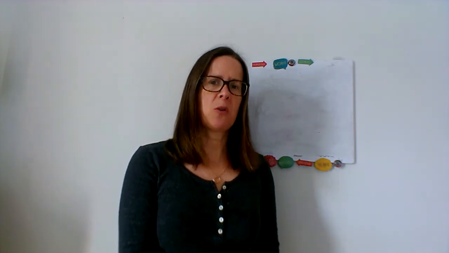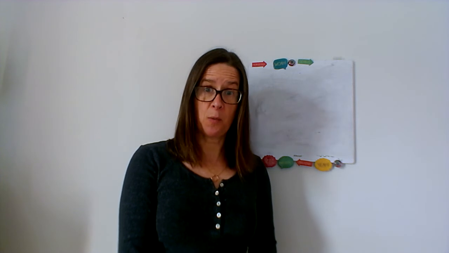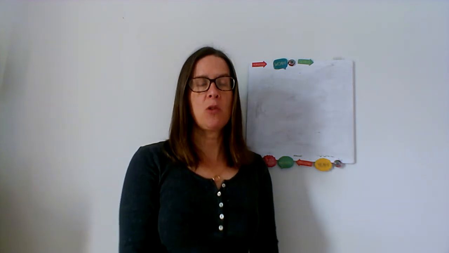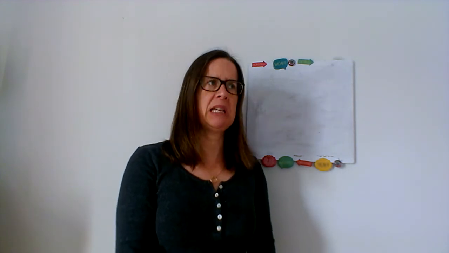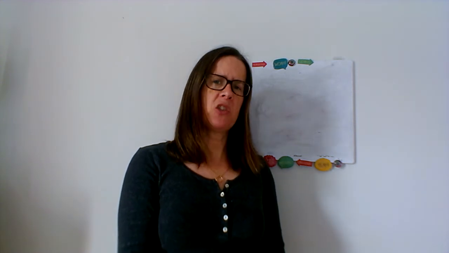So you're going to write an alternative ending for the story, and there is a checklist on the website to help you. And in that alternative ending, one of the things on the checklist is to include some speech. So it doesn't have to be a lot of speech, it could just be a few lines of speech. And you could decide where the speech is going to come from.